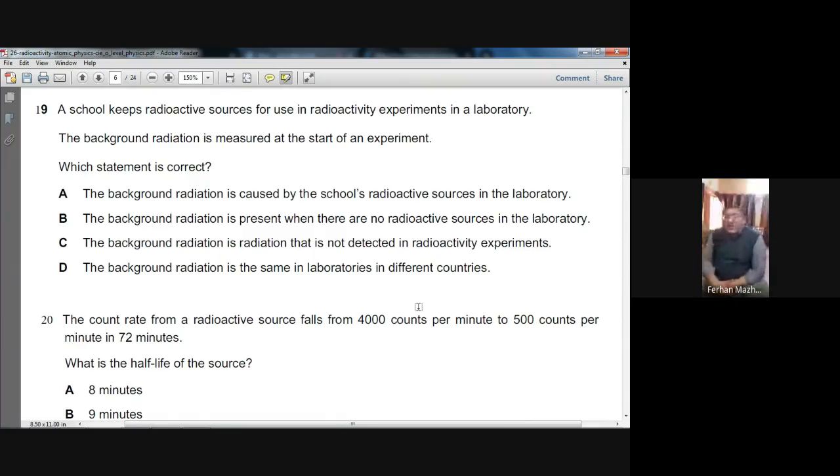The background radiation is the same in laboratories in different countries? That's not right. In different locations, the background radiation value can be different. So the background radiation is present when there are no radioactive sources in the laboratory. That is true. Background radiation is always present around us, whether you have a sample or you don't. Okay, you understand? Yes.